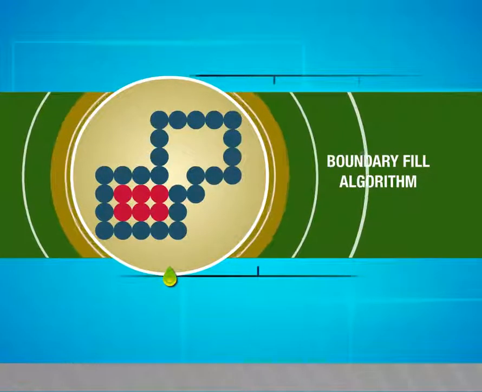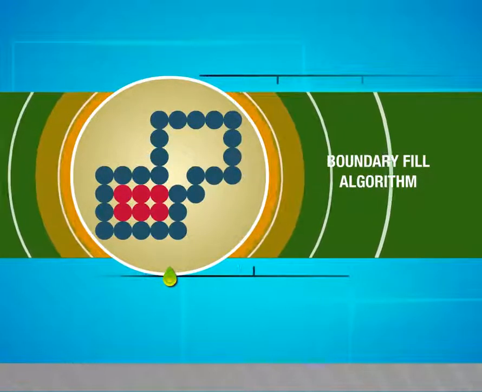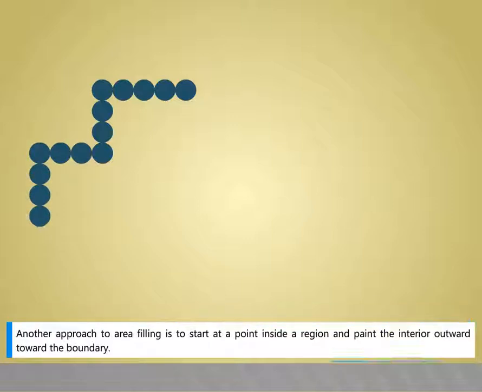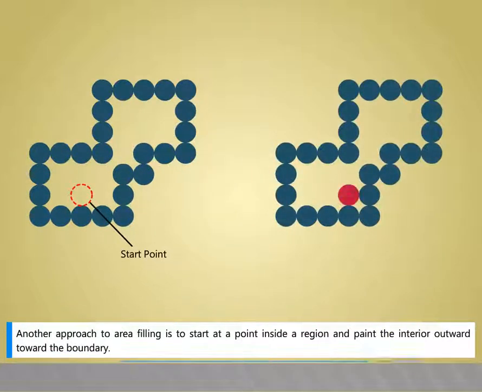Boundary fill algorithm. In this video, we are going to see about boundary fill algorithm. Another approach to area filling is to start at a point inside a region and paint the interior outward towards the boundary.